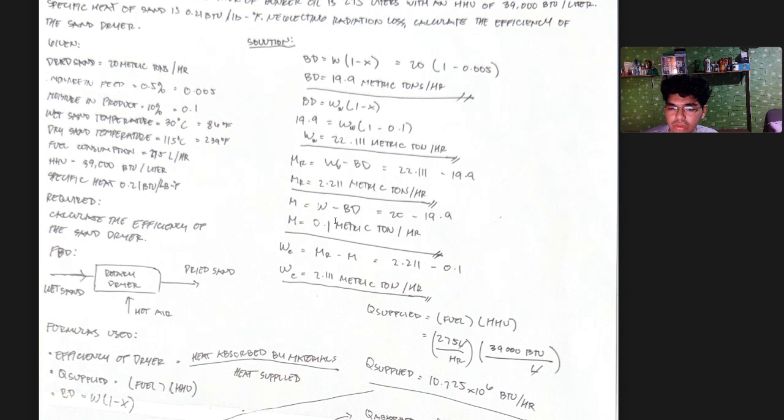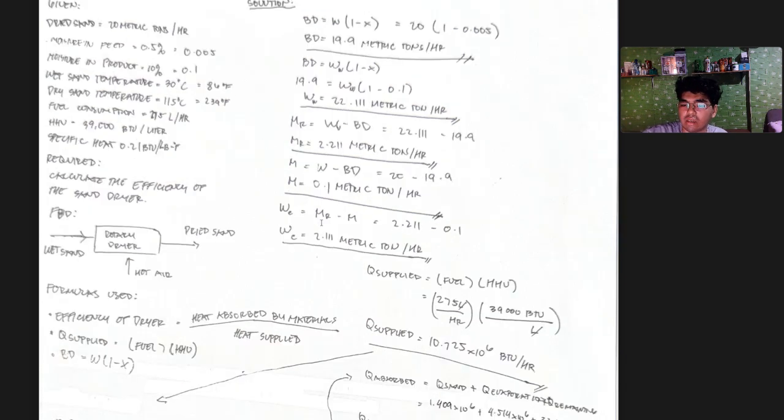For the moisture in the product, subtract 20 minus 19.9, which is 0.1 metric ton per hour. Next, subtract for the moisture removed: 2.211 minus 0.1, which is 2.111 metric tons per hour.